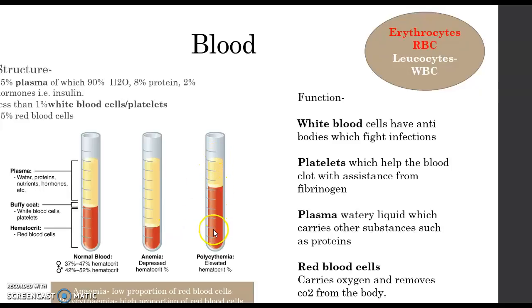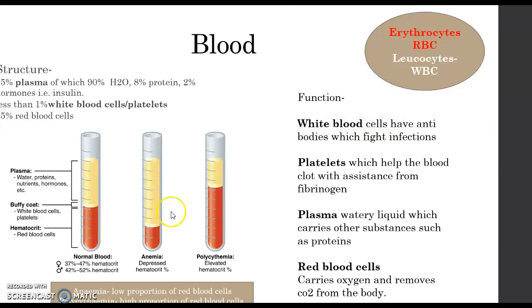And then you've got this one here, which is elevated: polycythemia, which is a high proportion of red blood cells, so the opposite of anemia, which does mean that there's less of the plasma, which carries the protein and the water and hormones. So this does affect how people live.